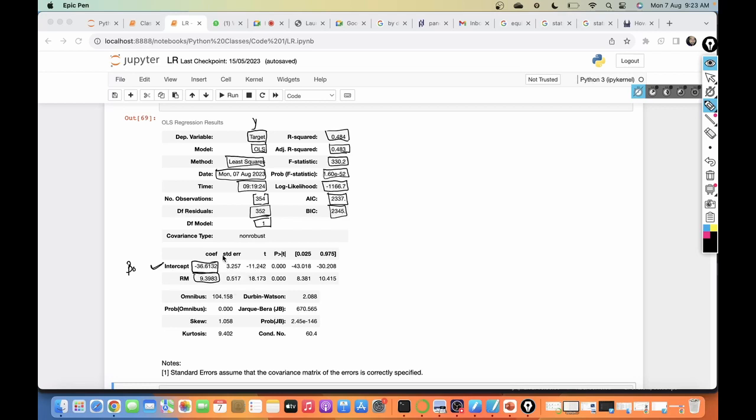Then this is the standard error for that coefficient. This is the t, the t-test, the probability associated with that, and this is the confidence interval. So now we will go through each and everything one by one. Now try to understand.